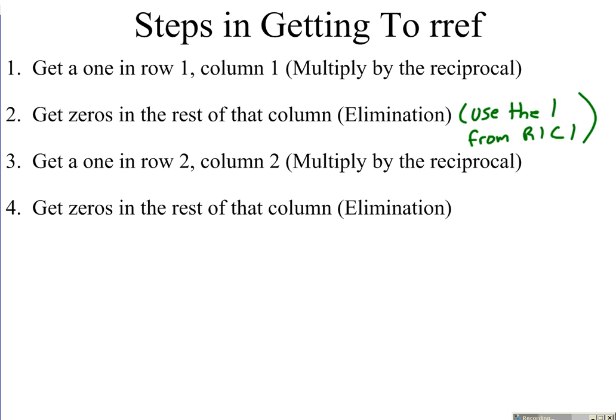When you get a 1 in row 2, column 2, and then you want to get zeros in the rest of the column, use the 1 from row 2, column 2. In other words, the 1 that you create in that column, you're going to use and multiply and add to the rows to get zeros in the rest of the column. You'll see that when we go through an example here.